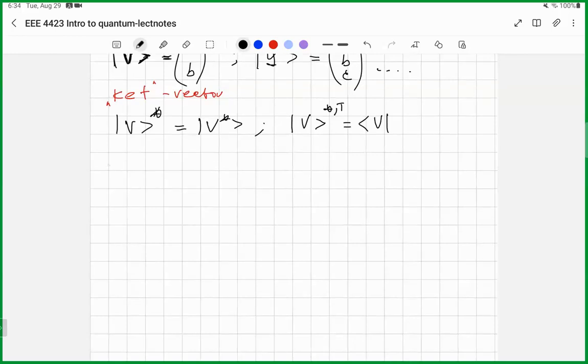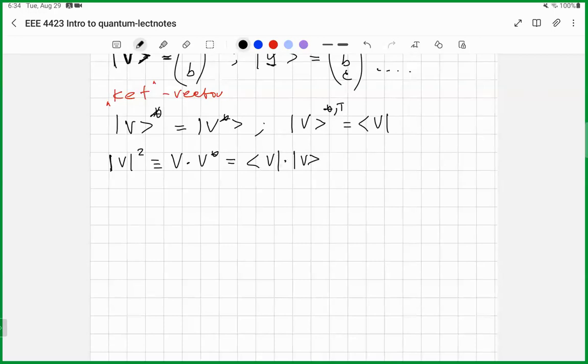So if I calculate the absolute value squared of my vector v, how do I do so? By definition, since this vector is complex, I write v times v complex conjugated, and the same operation I can write in the Dirac notation as the bra vector times cat vector. Bra times cat, or bra-cat.